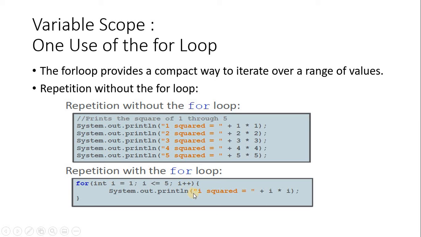Based on the looping, we can do the same operation within a single line. So many lines are eliminated, the repetition of lines is eliminated, and it can be solved in a quick way. That is one of the scopes of the for loop.